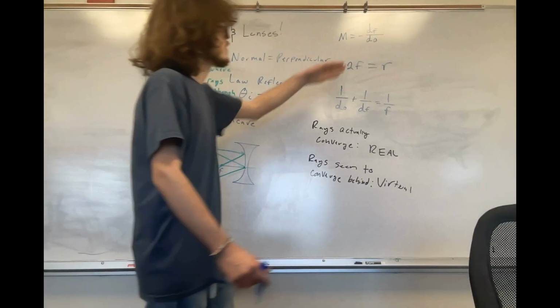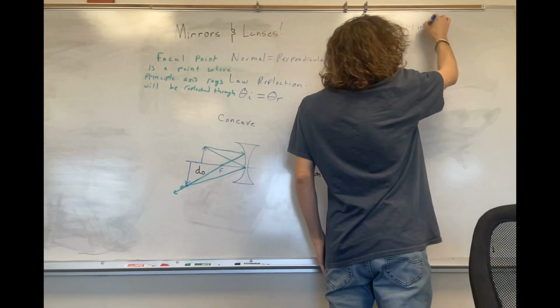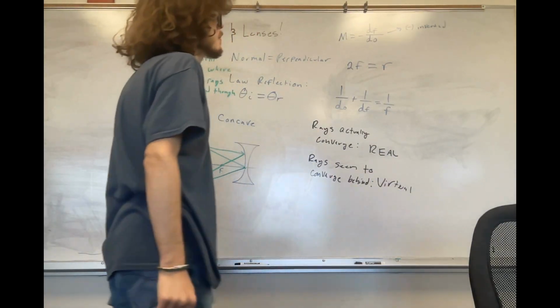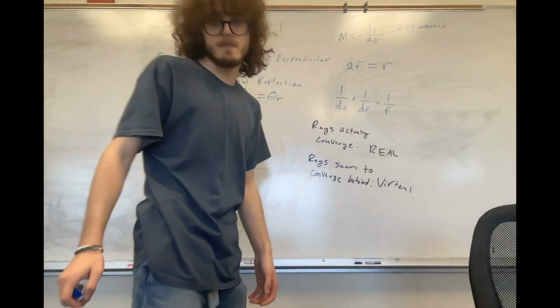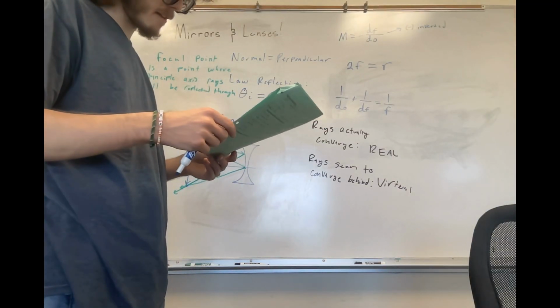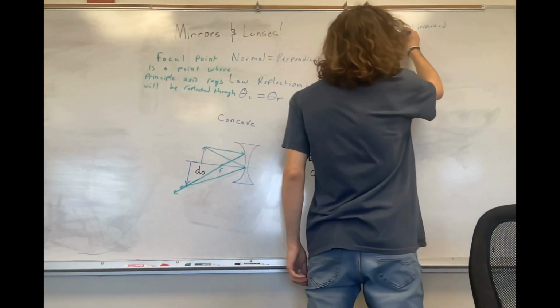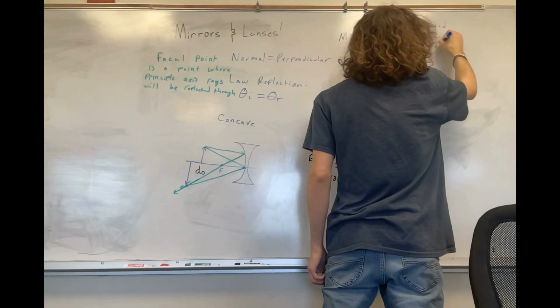It's a very important formula. And let's say you forget a ray diagram. Well, then you can go to this formula and see what kind of inversion you might have. And again, if you have positive, it's upright.